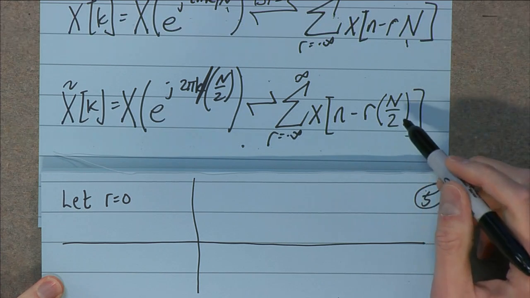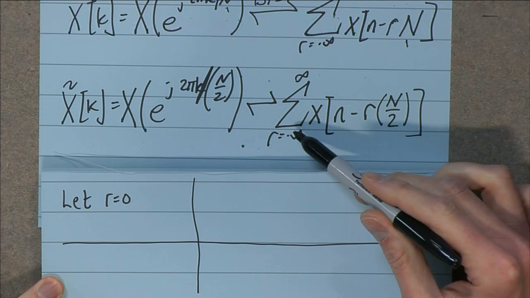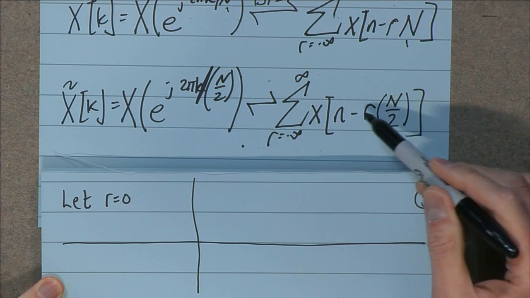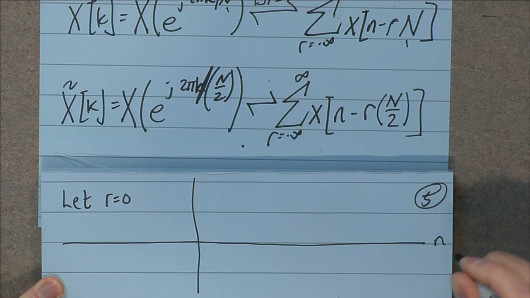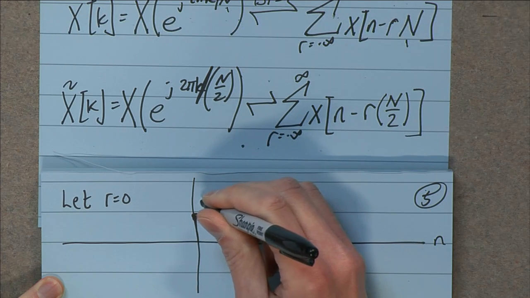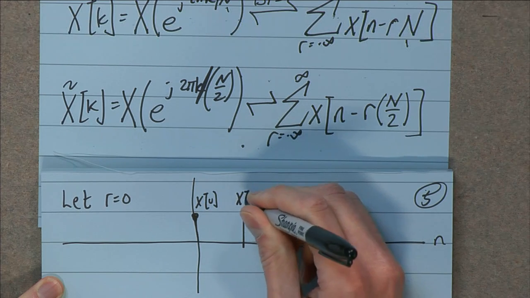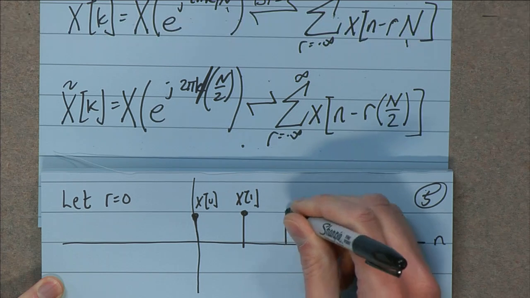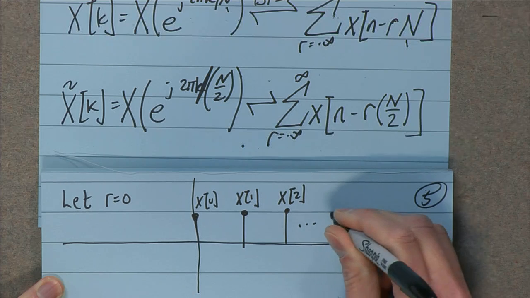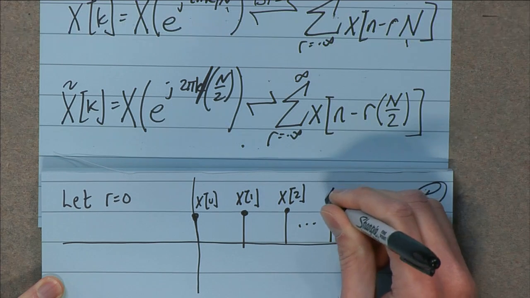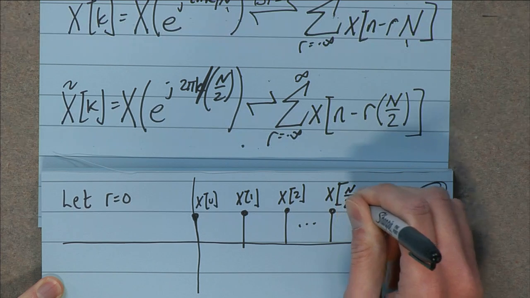If r is 0, this is just the sum of all these different ones, but we're going to write down just the r equals 0 case of x of n minus r, well, r is 0, so it's just x of n, right? So this has value x0, x1, x2, and we're getting tired, so let's jump all the way up to x of N over 2 minus 1.